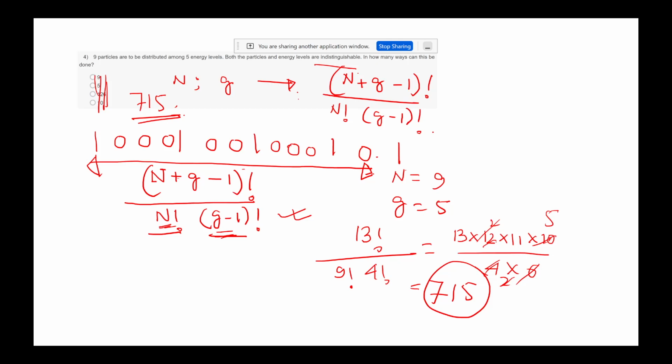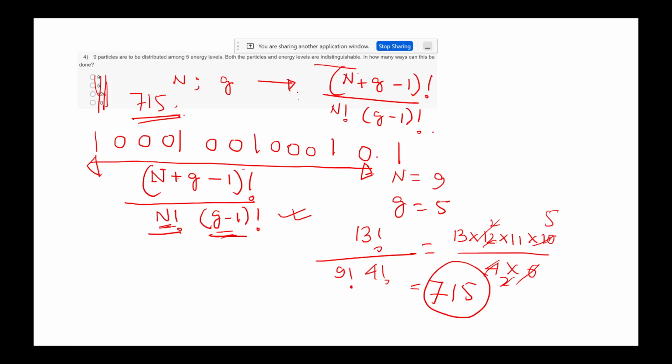Since the particles are indistinguishable, we are not choosing out of, say, 5 energy levels and 9 particles to be distributed among them as if they were all distinguishable. Not like that.